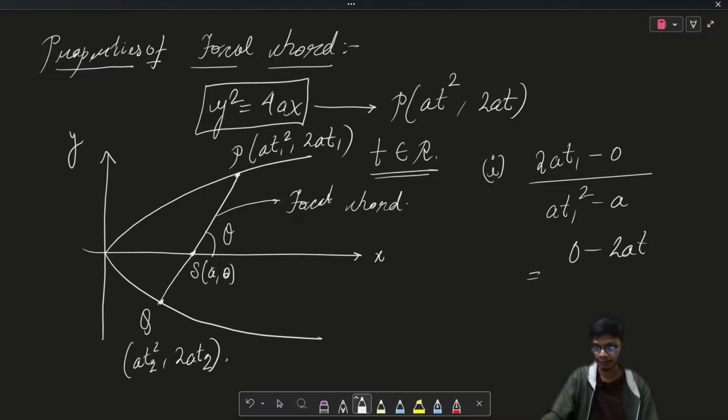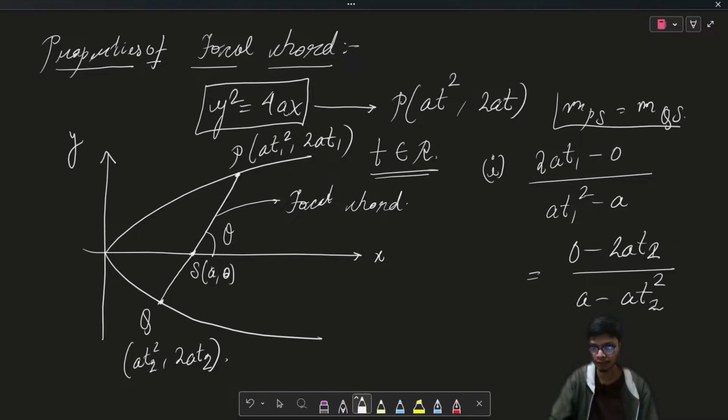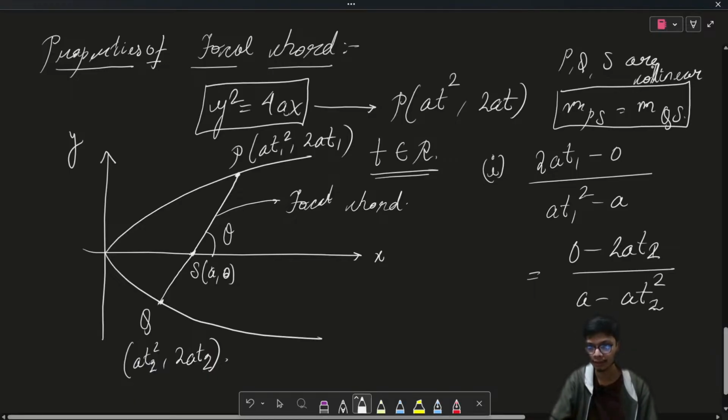So what I'm doing over here is just trying to satisfy the slope continuity, so slope of PS should be equal to slope of QS, because P, Q and S are collinear, right? So from the collinearity condition, I'm trying to satisfy this.